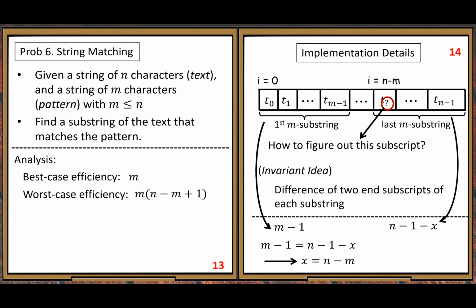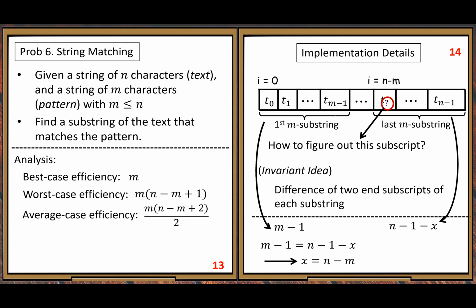How about the average case efficiency? We have the best case, we have the worst case. How about the average case efficiency? Adding up, divided by 2. Because you have 1 substring, 2 substrings, 3, and so on.